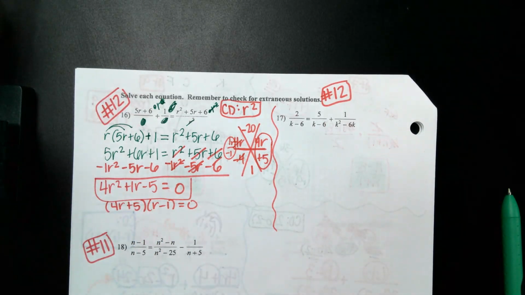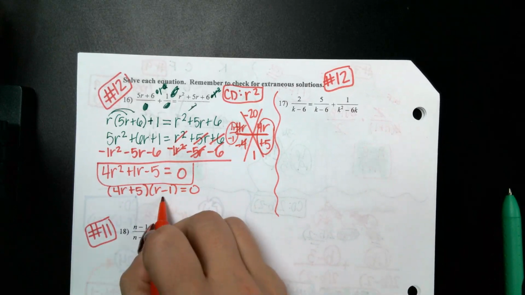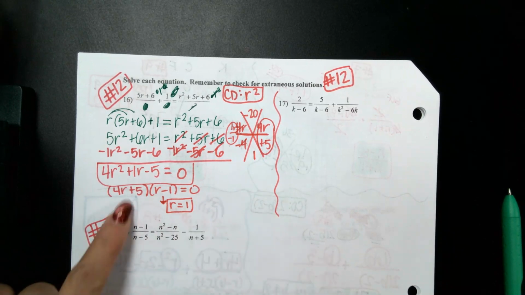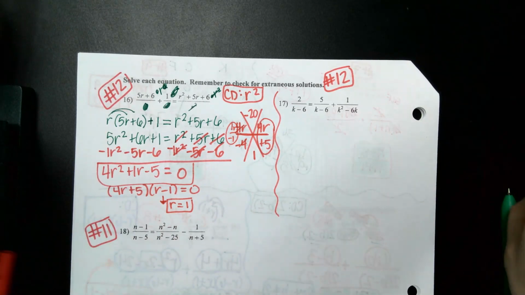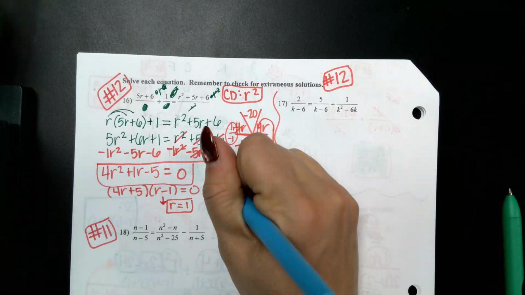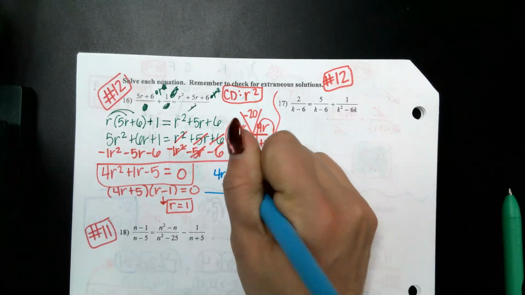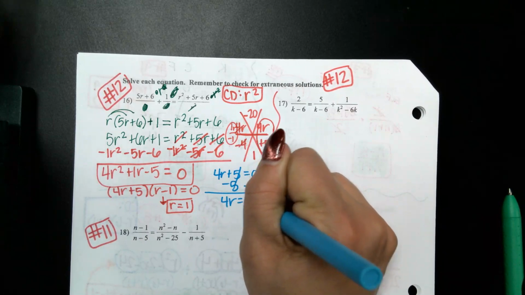So at least one of them we can, like this one, we can just go straight to our answer. R would be positive 1. Now the 4r plus 5, I'd write that one out, because that's a two-step.